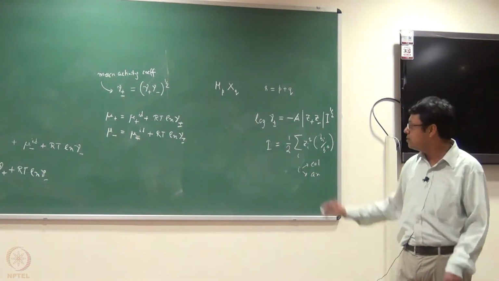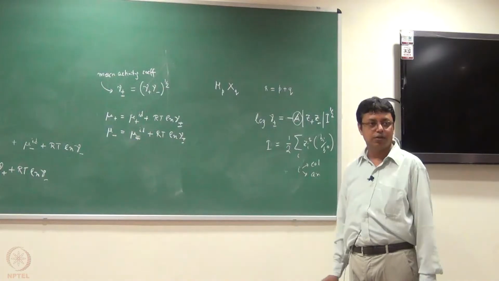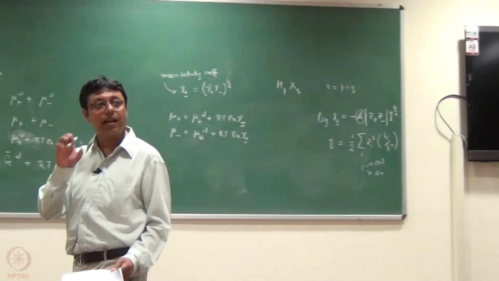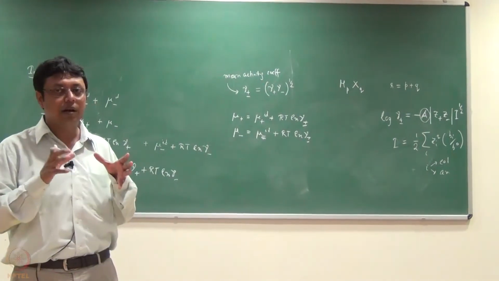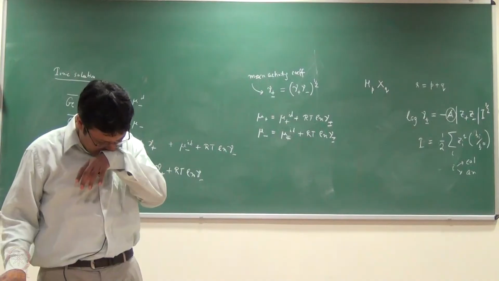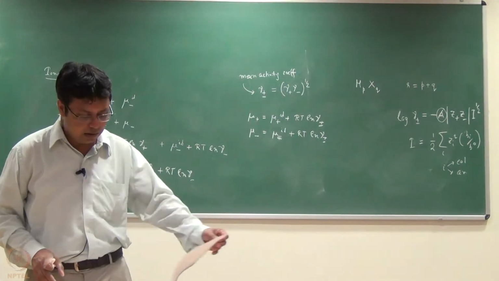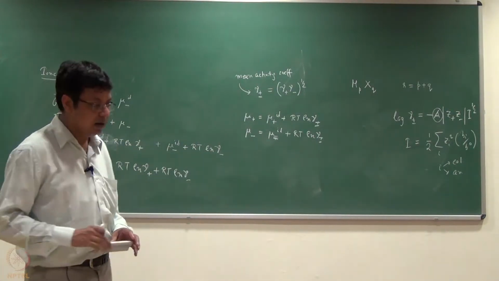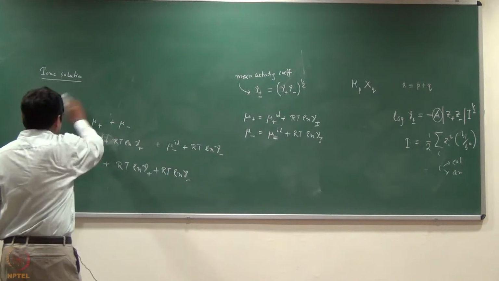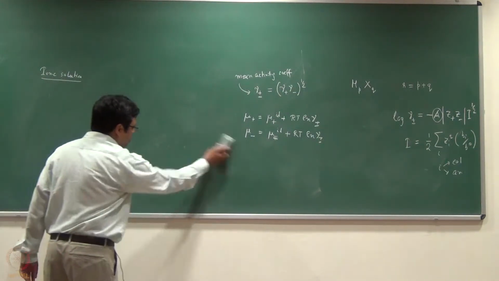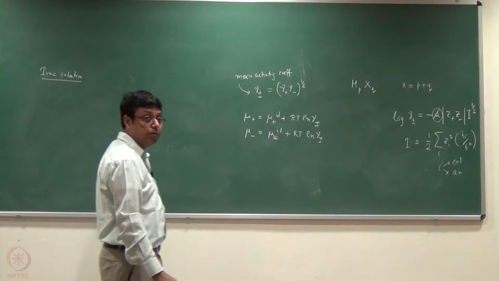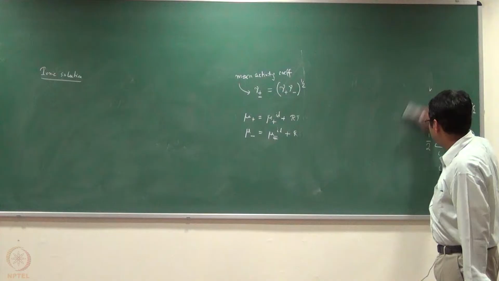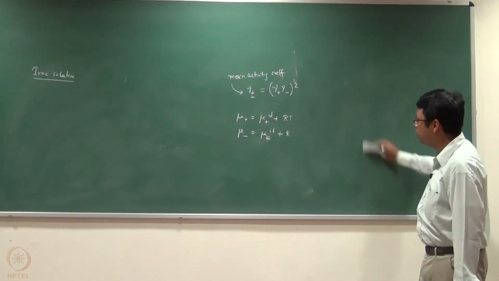Question is, what is A? That's a constant. But this is not an empirical constant. This is an analytically derivable constant that Debye and Huckel derived. Now, before this, Peter Debye did a lot of work on electrostatics, and he had monumental work on dipole moments of molecules, basically what gives rise to intermolecular forces, which we will study at some point in this course.